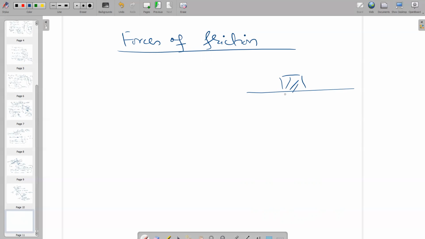Here we are discussing the friction of solids. This is a solid object, and this is also solid. So when you apply the force, the frictional force is opposite to the applied force. This is the applied force, this is the frictional force.